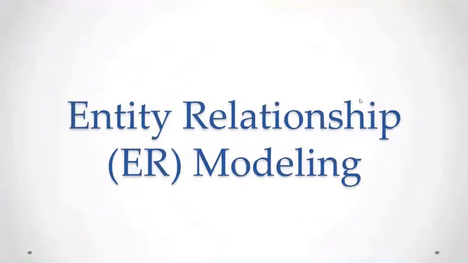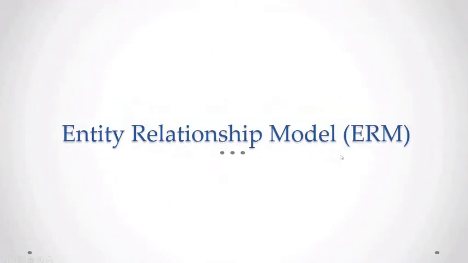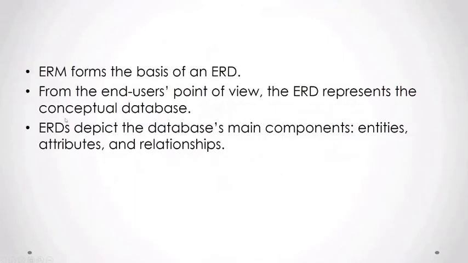This is called the entity relationship modeling or ER modeling. Okay, so the entity relationship model will be the basis of our entity relationship diagram, or basically you can just interchange these two terms. Okay, so it normally shows us the main components of the model: entities, attributes, and relationships.